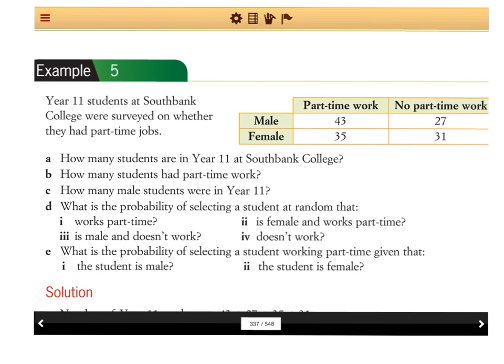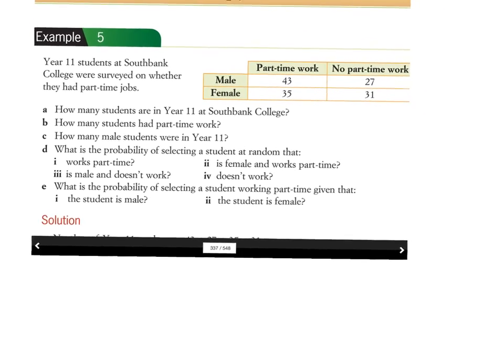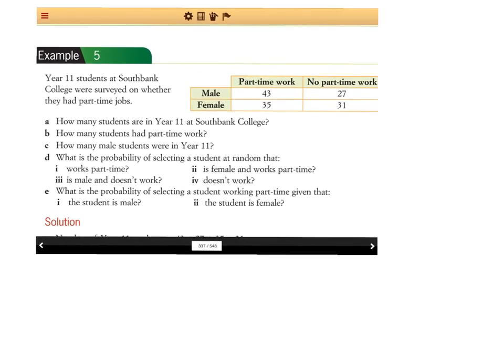Before I jump into any of these questions, I think it's a good idea if we just make ourselves a bit more space and write some notes down on the side. For instance, if you add the male students up, you find there's a total of 70 boys. If you add up the female students, 35 plus 31, there's a total of 66 girls.